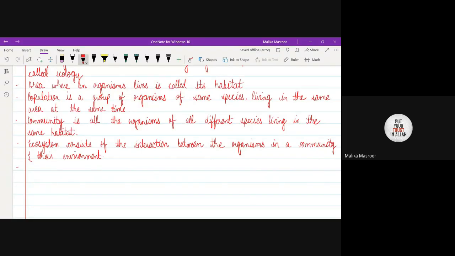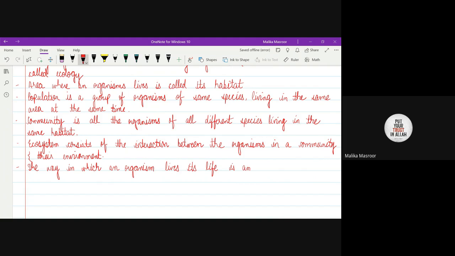Okay. And the way in which an organism lives its life in an ecosystem is called its niche.